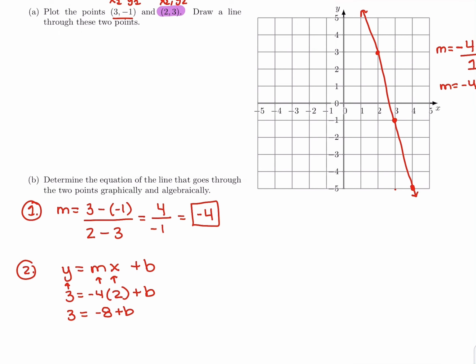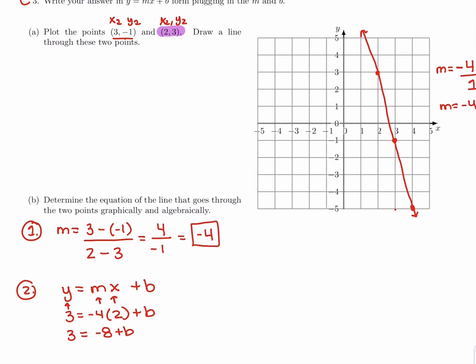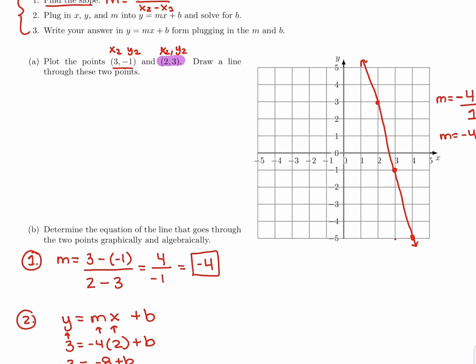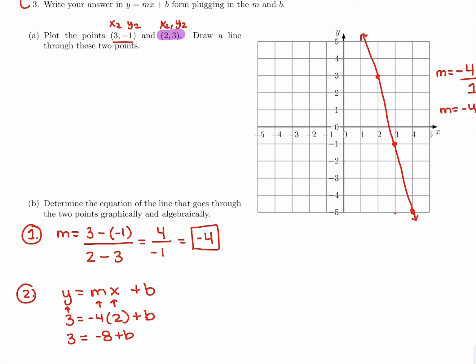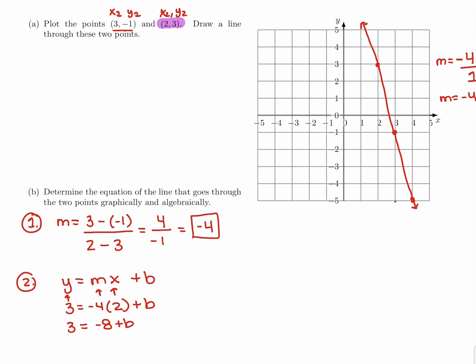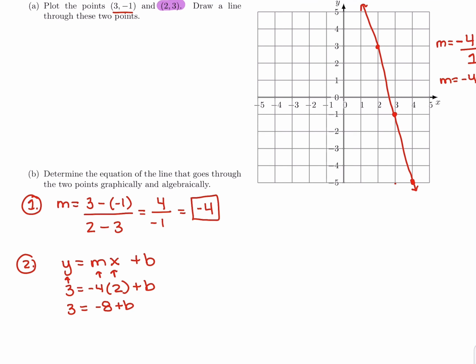And now we just need to get b by itself. So you choose one of the 2 points. It doesn't matter which point you choose. You plug in the y value of the point, m, the slope you just found in the first step, the x value of the point, and then you write plus b. That's what we're solving for. So now I need to get b by itself. So I'm going to add 8 to both sides. So I get 11 as my y-intercept.